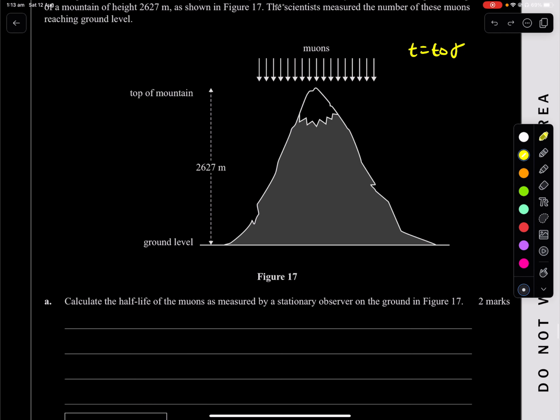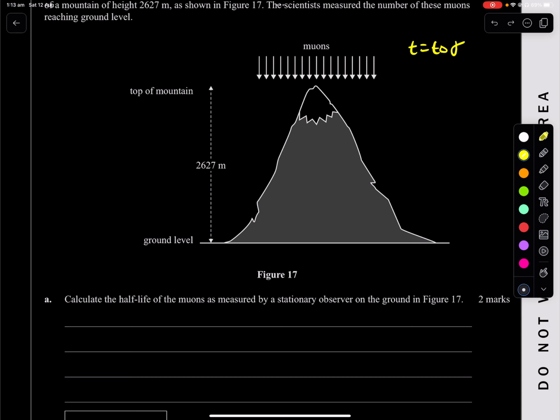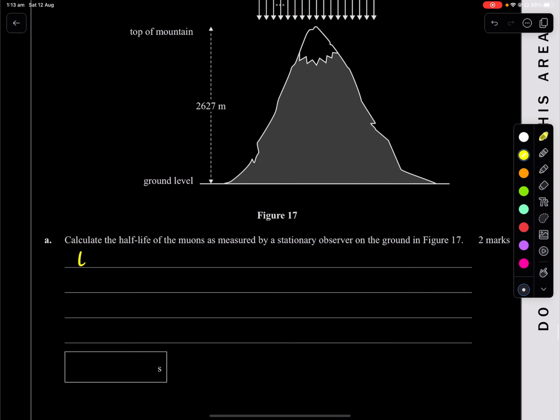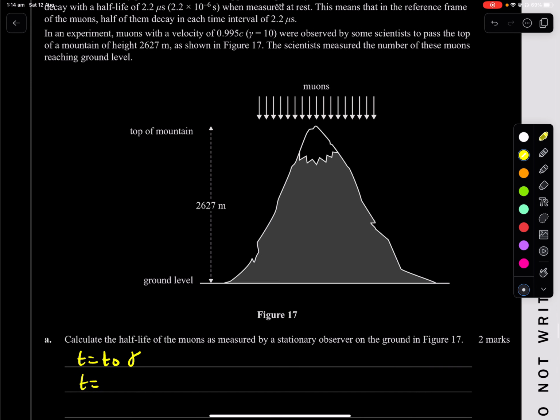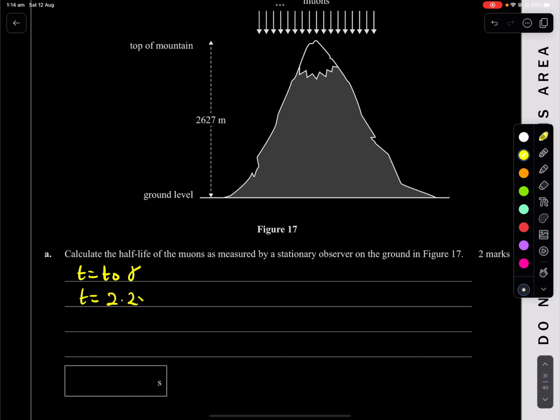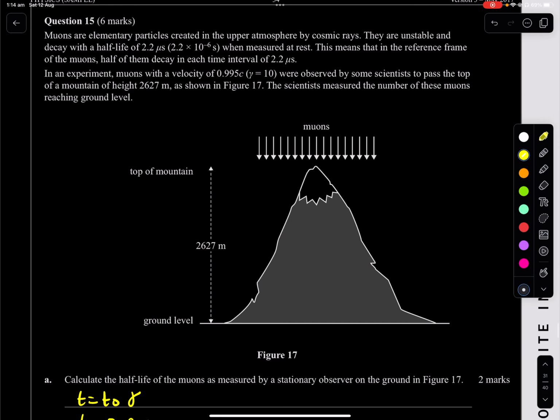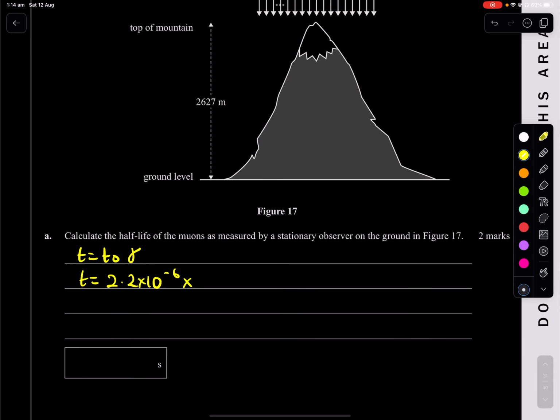So that's to calculate the half-life of the muons as measured by the stationary observer on the ground. If we're measuring them, we know that time will dilate when we look at it, so we can use that formula. So T, the proper time, which is our actual T, is 2.2 times 10 to the negative 6 times 10.